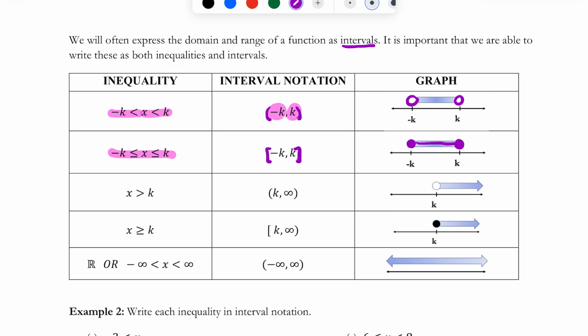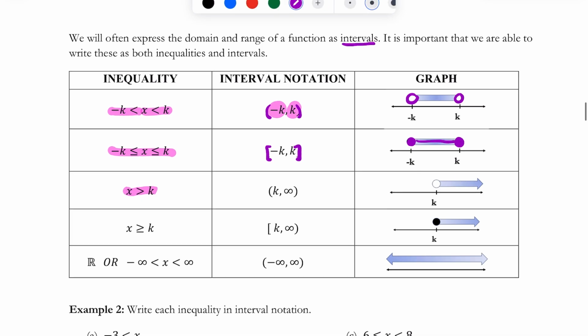Now, if I have an inequality where it's just one value, so for example, in this case, where x is just greater than k, that means that I am starting at positive k. Since it doesn't have the line underneath, it's just going to be a parenthesis. But since I'm greater than k, that means I'm going to go all the way to the right, which, if I think about that, all the way to the right on the number line is positive infinity.